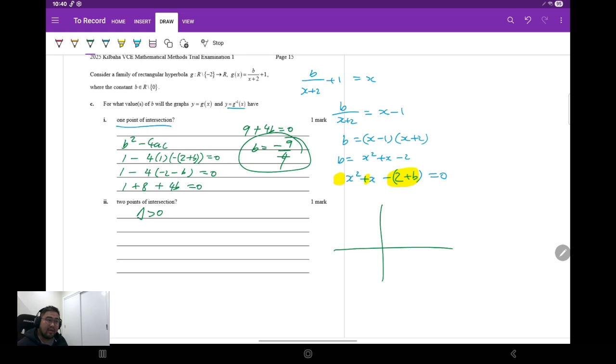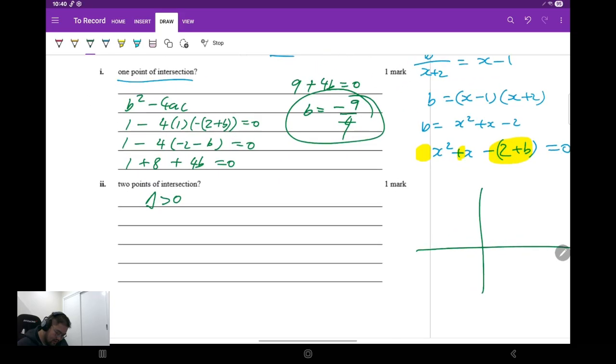So we don't really have a good indication of what the intercepts are. So we're really just trying to work out where 1 minus 4 brackets minus 2 plus b is greater than 0.